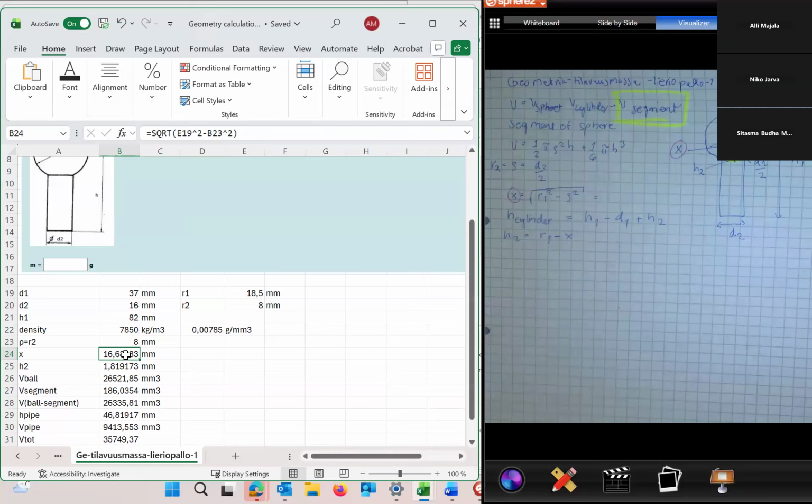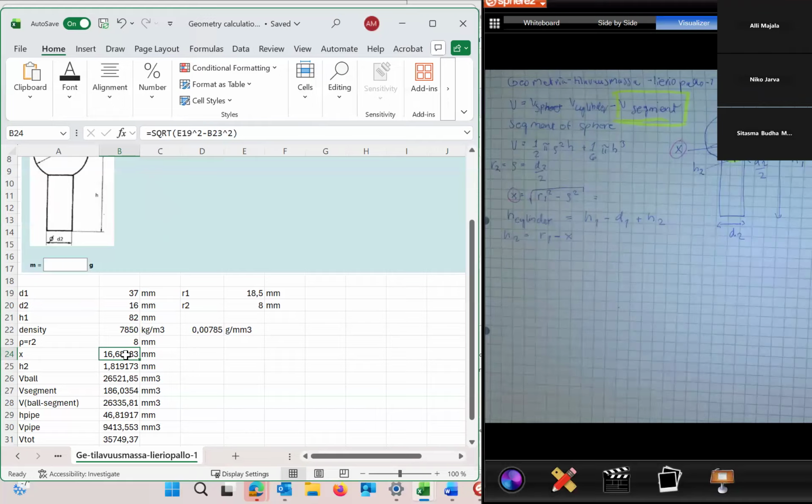And then I just have to pick these functions from the Excel. Are you familiar with using Excel now? Yeah. So you know how to do the square root, for example. You just pick it there and the power there.